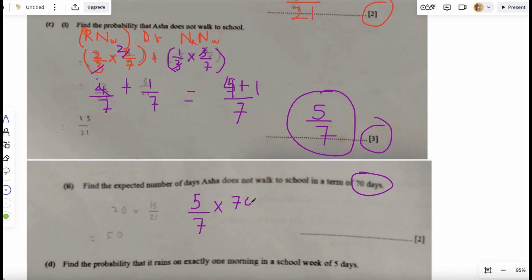So you say 5/7 multiplied by 70, 7 into 70, you get 10. 5 times 10, you get 50 days, right? So out of a term of 70 days, Aisha will not walk to school for 50 days, meaning she either goes with the family car or taxi or whatever, or school bus, whatever. Only 20 days she walks to school.